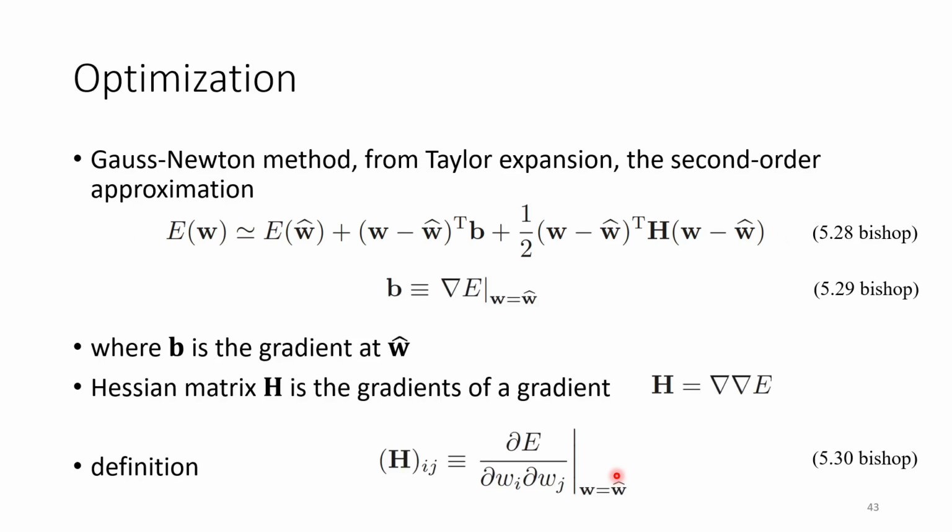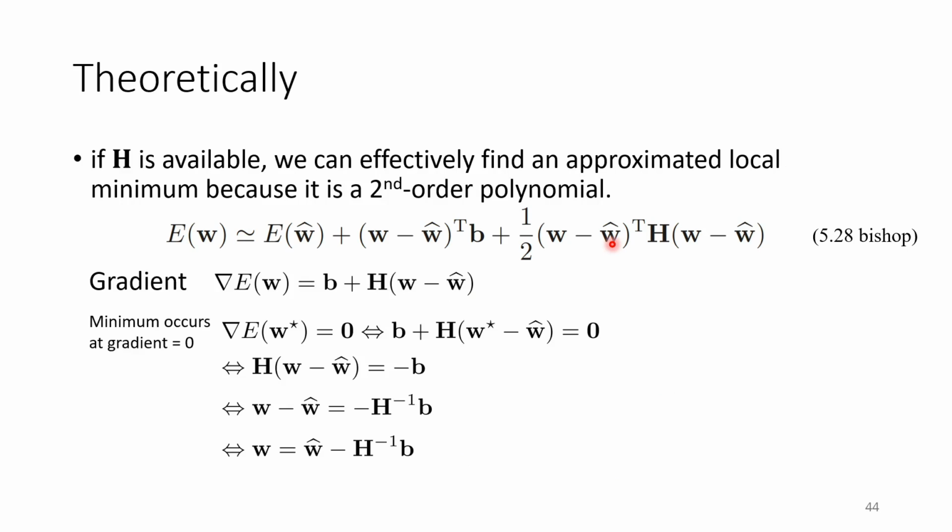It means close to the point w hat, everything looks like a second order polynomial. The second order polynomial is just like a bowl. You have a local minimum, and when the point is far away from the center, the value becomes greater, and we want to minimize the equation.